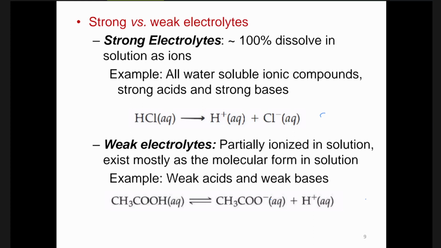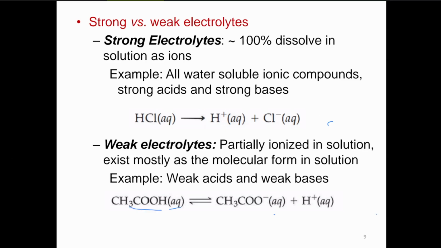Then you have a weak electrolyte. That means only part of the compound will be ionized in the solution. It exists mostly in the molecular form. For example, if you take a weak acid, acetic acid, and put it in water, or in another solvent, you will have an equilibrium between the molecular form and the ion form.